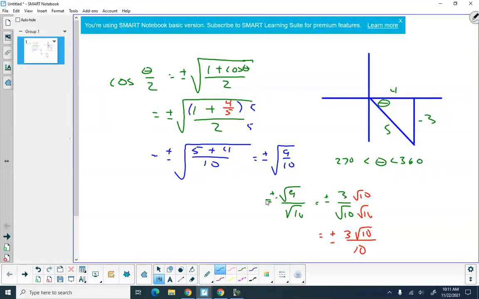This is where we have to decide then, is it a positive or negative? If theta is between 270 and 360, that means half theta is going to be somewhere in between. Well, I can divide everything by 2. If I divide this by 2, I can divide this by 2, I can divide this by 2. We have 180 there, and we have 135 here.